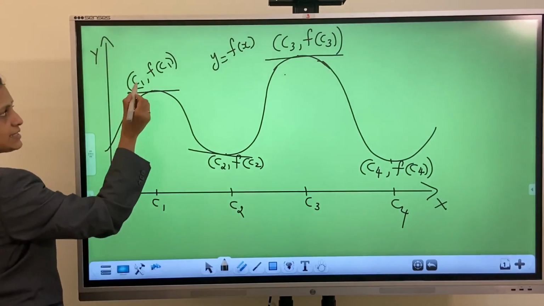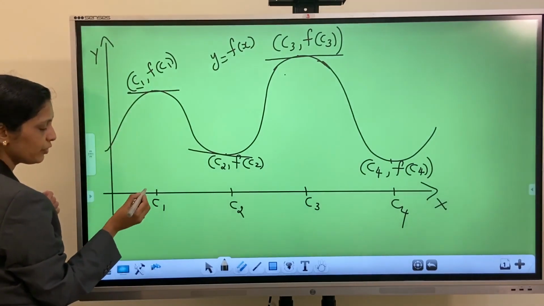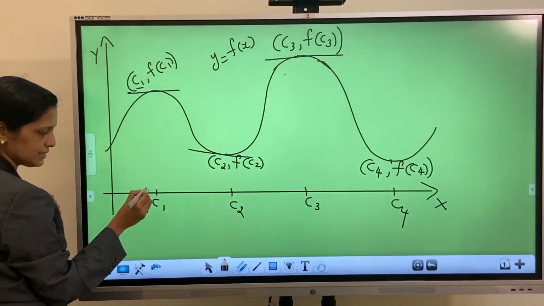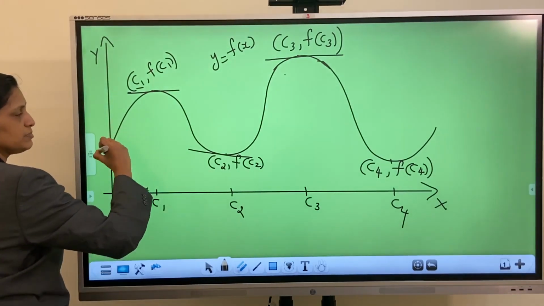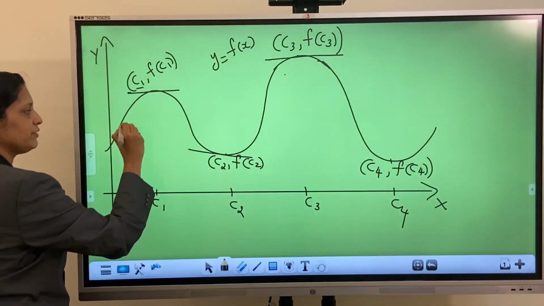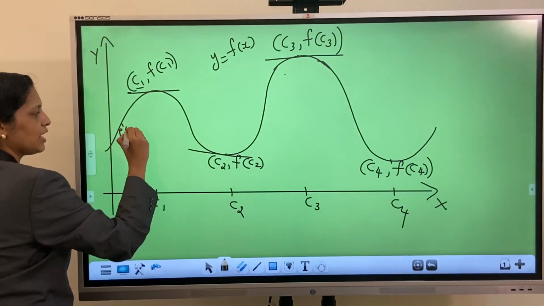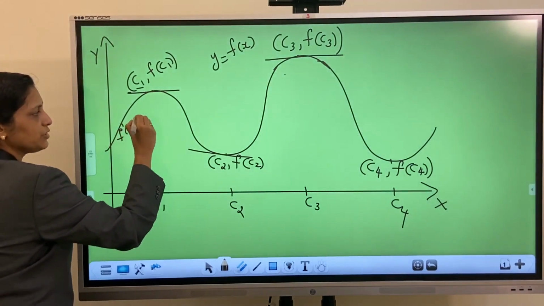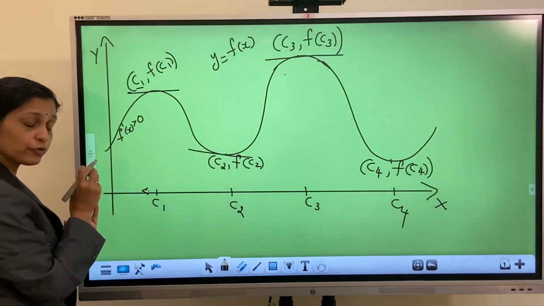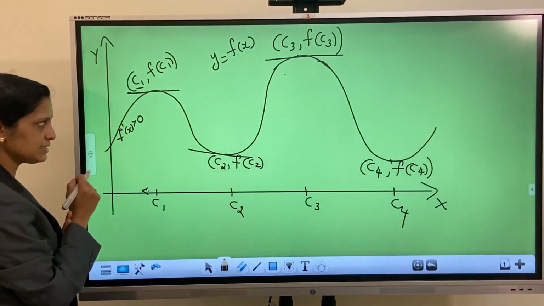Now look, C1 is a point of local maxima. If you are taking a point slightly less than C1, look at the shape of the graph. The graph is increasing. Therefore, in terms of derivative, we can say that f dash x is greater than 0 for all values slightly less than C1.